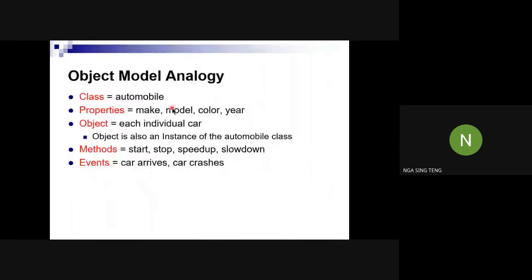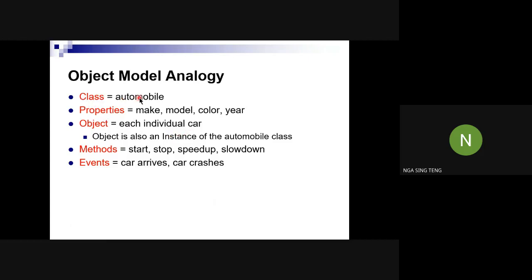Okay. So this is one of the examples for the class. Here we have automobile properties. What are the properties that you can set? What are the objects? Each individual car.